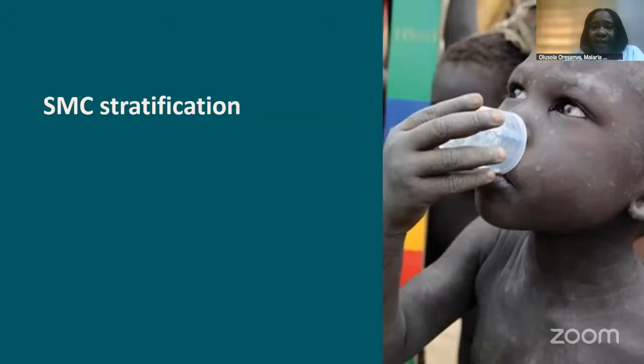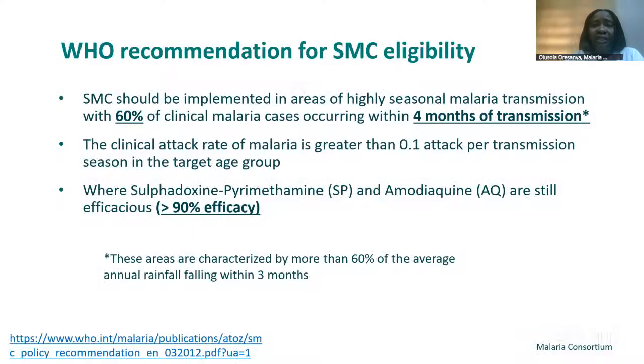So now just taking a closer look at how intervention tailoring was then done using SMC as an example. So we know that WHO recommends that SMC should be implemented in areas of highly seasonal malaria transmission, with 60% of all the clinical malaria cases occurring within 4 months of transmission, and where the clinical attack rate of malaria is greater than 0.1 attacks per transmission season in that target age group.